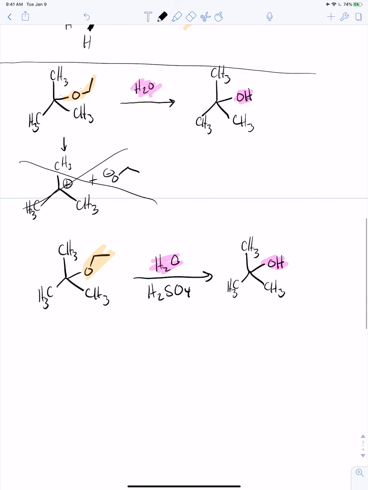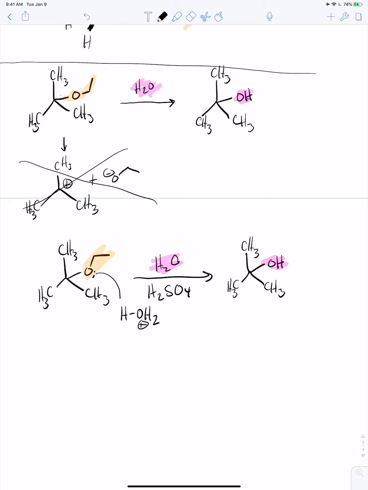Let's look at the mechanism for that. What do we think our first step's going to be? We're in water, we've got H2SO4, which means that what we really have is the hydronium ion.